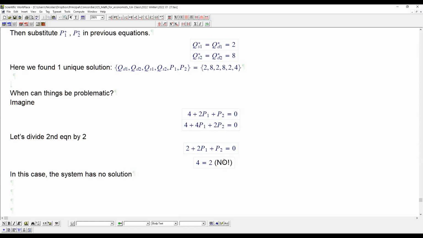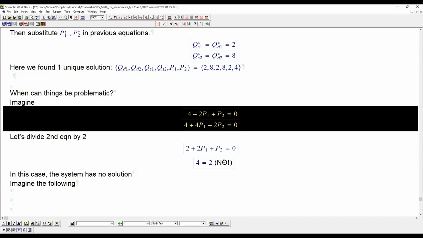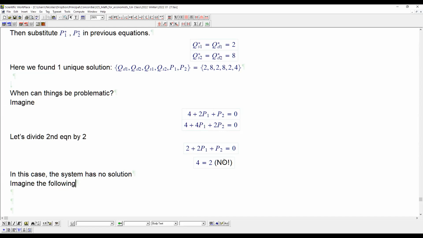Now imagine the following. So let's say I have here something that looks like this, but that's 8, and even 10, but equals 2.